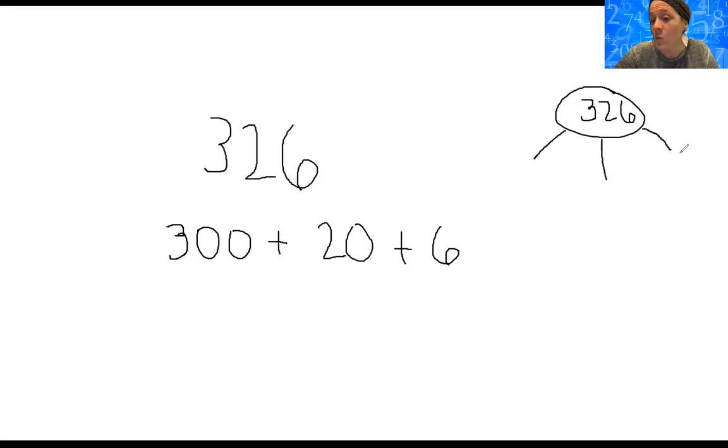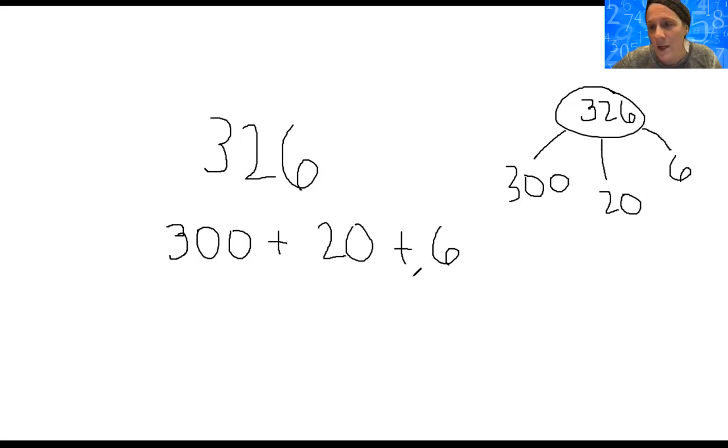We wrote what's in the ones, there's a 6. What's in the tens, there's 20. And what's in the hundreds, there's 300. Okay? Notice, same numbers in these as right here in expanded form. So you guys have already been doing this, and you are doing a really good job of it.